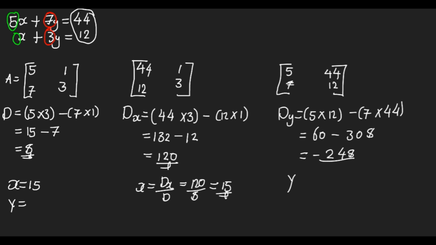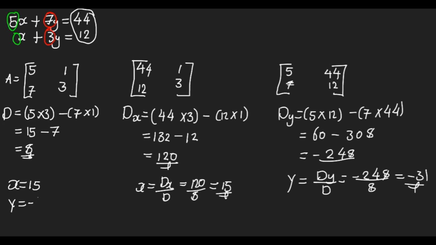So to find the value of y, y is equal to the determinant of y over the original determinant. So negative 248 over 8. So our final answer is negative 31. So here we have negative 31.